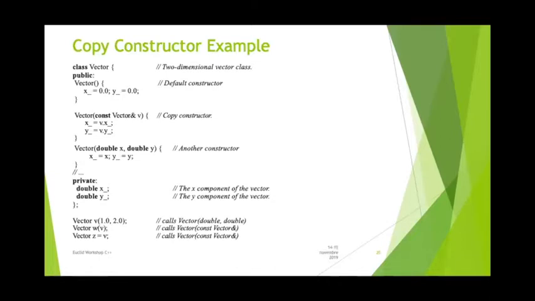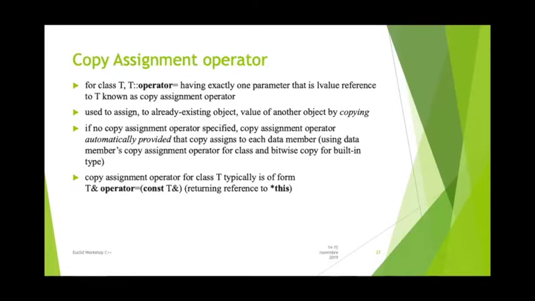And for R value, it should be like vector and, so it's a double ampersand when you define move, but that's in C++11. So it is used to assign an already existing value to another object by copying. In the no copy assignment case, it's the same: the compiler will give you the default one, and you define it normally using this operator.